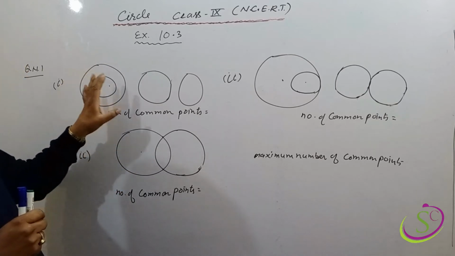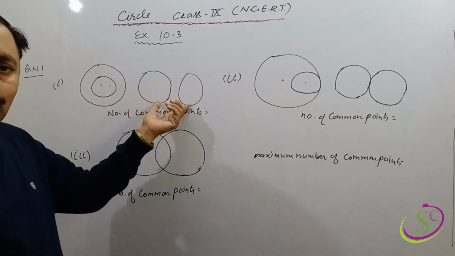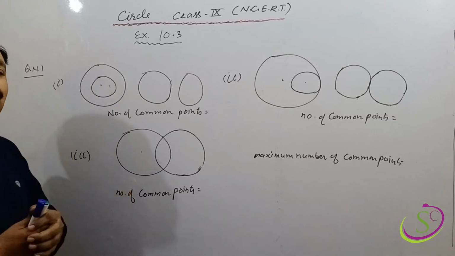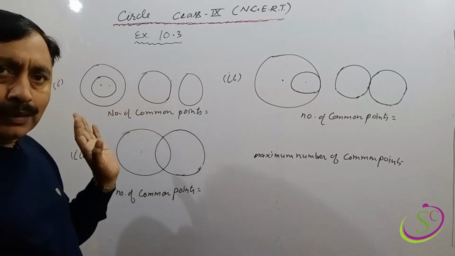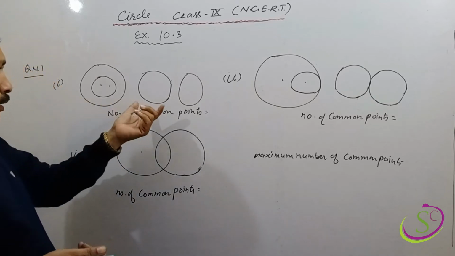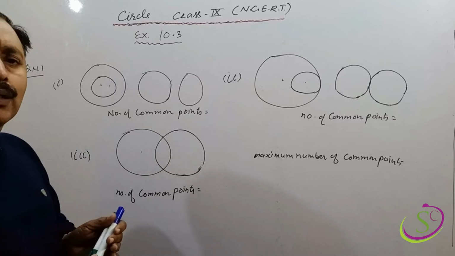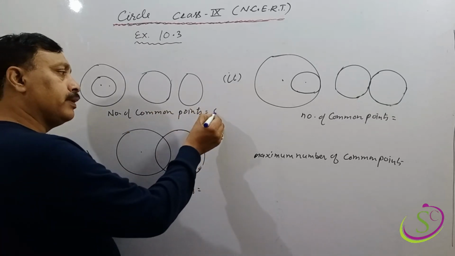So in this case and in this case both the circles are exterior to each other, and here one circle is interior to the other circle, but none are intersecting each other. So here both the circles don't have any common point. So the number of common points is 0.